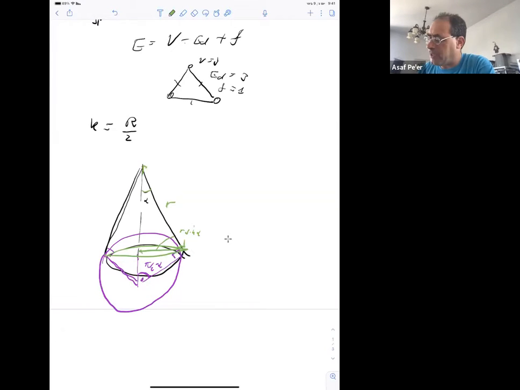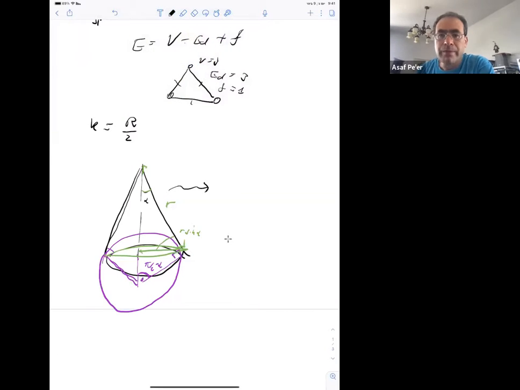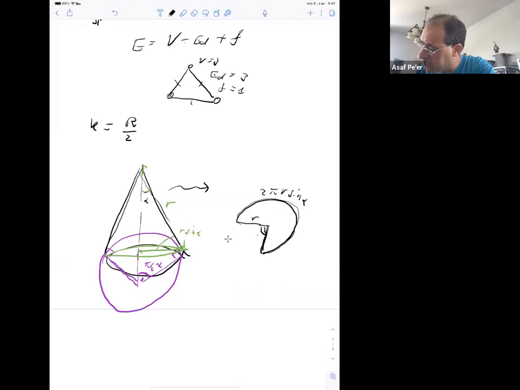So when I take this cone and open it, I'll have sort of a Pac-Man shape, because since I open it, this is R, and this is R. And the circumference is just 2 pi R sine alpha. And the deficit angle is this. This is the deficit angle.